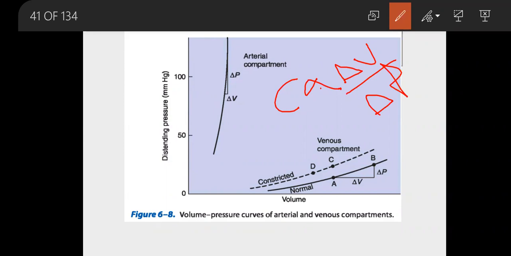And a small amount of blood volume ejected in the arteries will lead to a very high change in the pressure than in the veins. While in the veins, a very small change in the pressure will cause a massive change in the volume, but a higher change in the volume than in the arteries will cause a small change in the pressure.